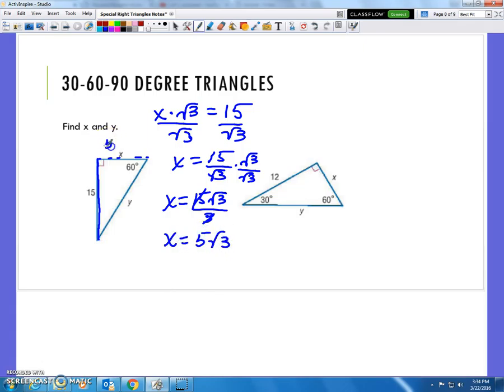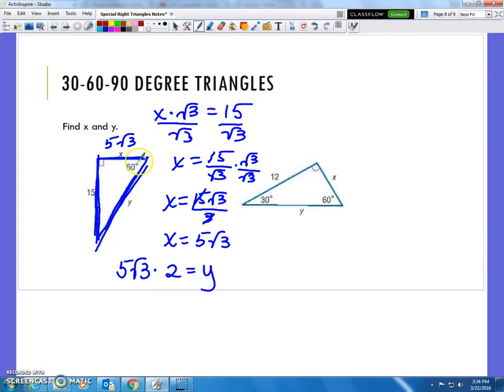So 5 root 3 is representing the short leg right here. Now I could try to figure out some relationship between this long leg and the hypotenuse, but if I already know the short leg, I might as well just use that information. The short leg times 2 should equal the hypotenuse.